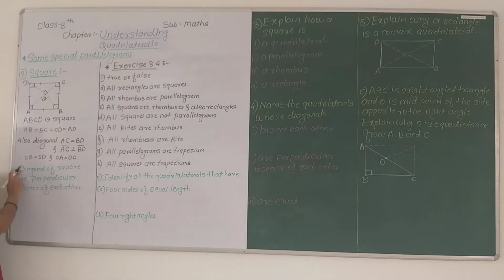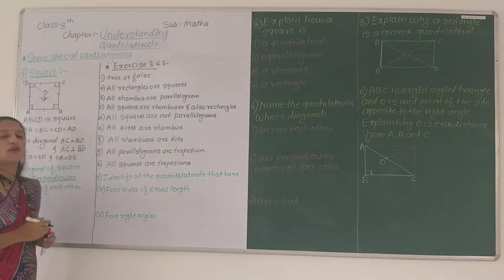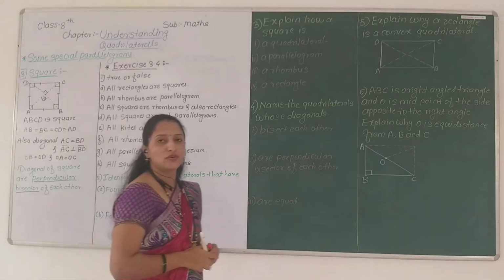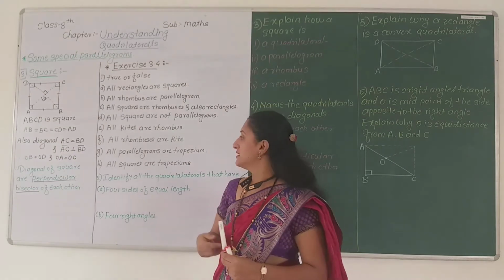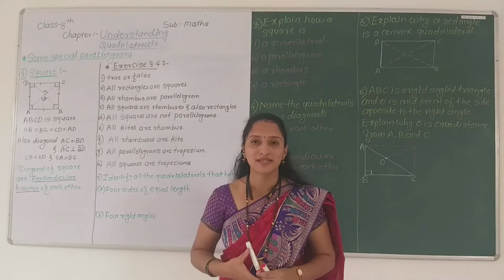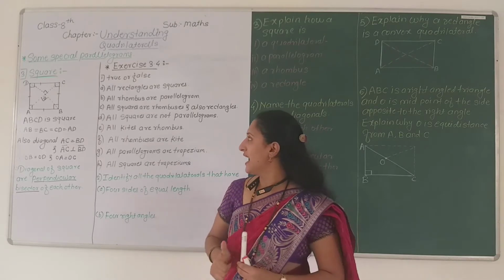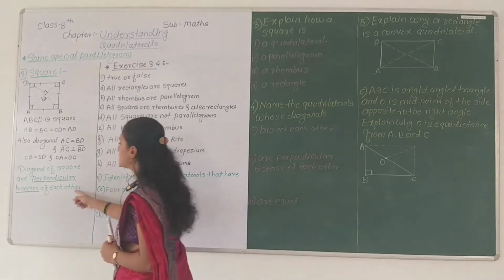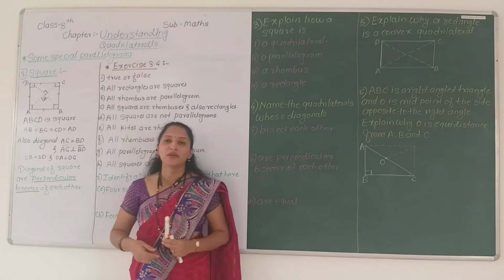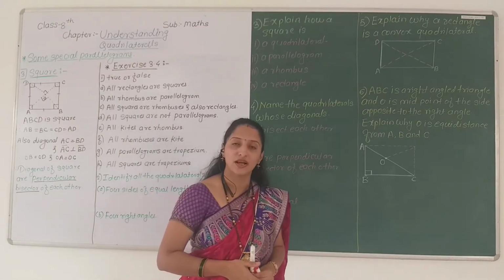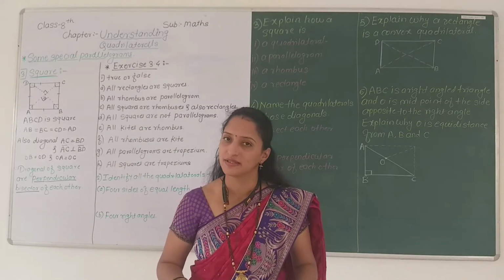Why? Since diagonals of a square are, this is very important, perpendicular bisectors of each other. We have learned that diagonals of a rhombus are perpendicular bisectors of each other, right? And diagonals of a square are also perpendicular bisectors of each other. Also, they have the same length.